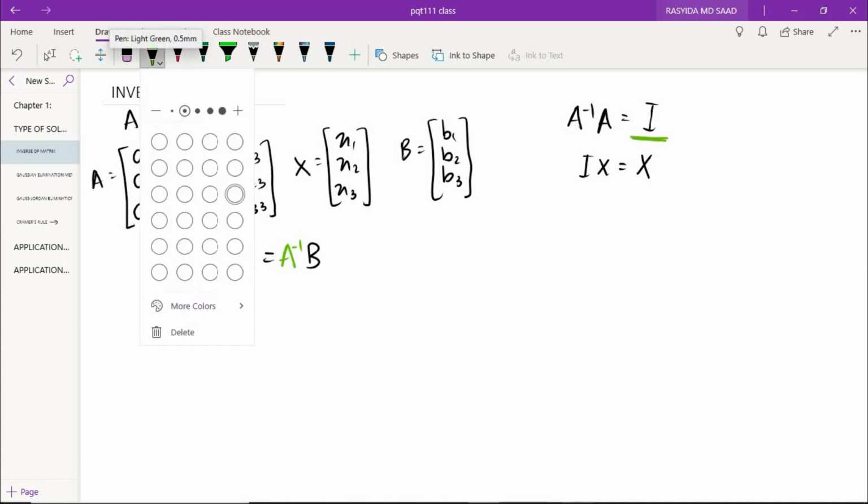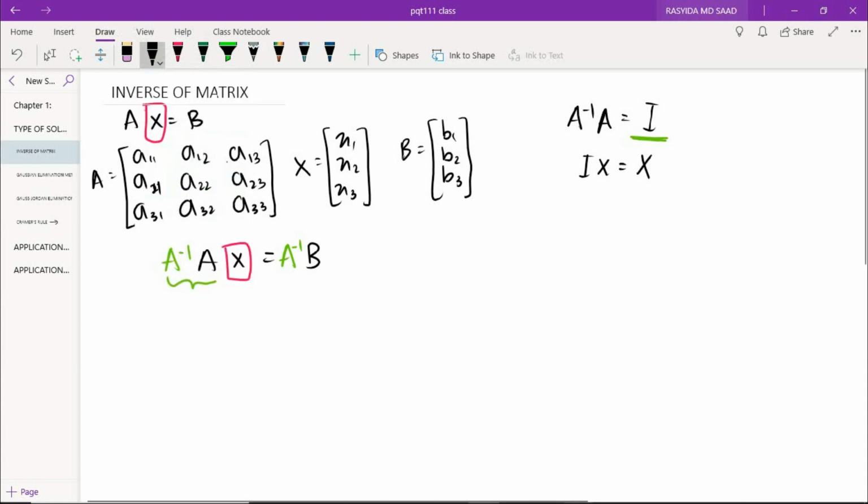So here it will be the identity matrix times X, and this one is the inverse of matrix A times matrix B. As we know, the identity matrix multiplied with any matrix gives you the matrix that you multiply. It does not affect the matrix. So this gives you matrix X equal to the inverse of matrix A multiplied with matrix B.